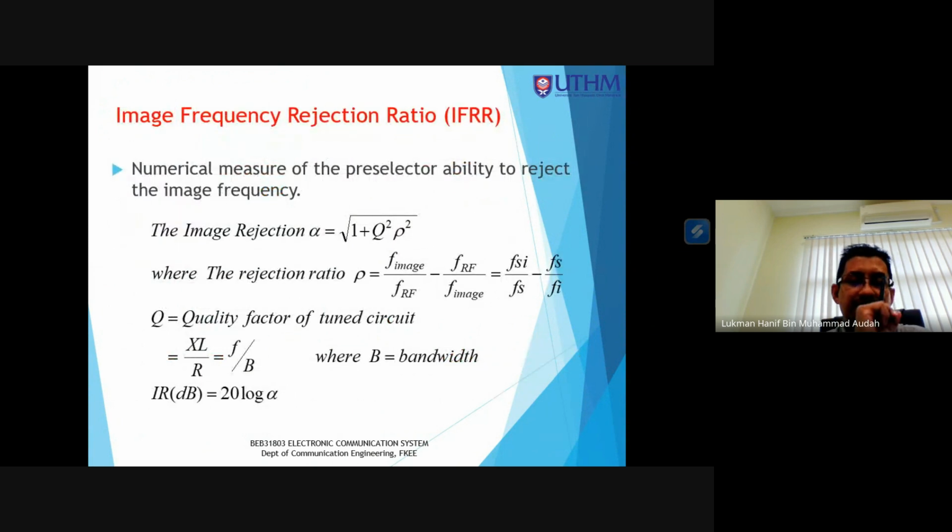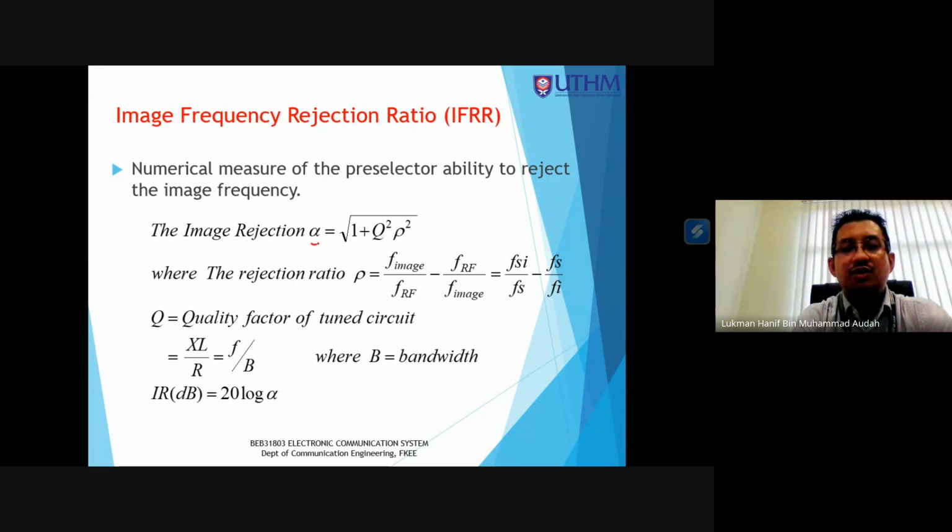Then we have the image rejection ratio, IFRR. It is a numerical measure of the preselector's ability to reject the image frequency. The image frequency rejection is defined as alpha equal to square root of 1 plus q square rho square, q parameter square multiplied with rho parameter square. I would suggest you make a bracket like this so that you will not make careless mistakes.